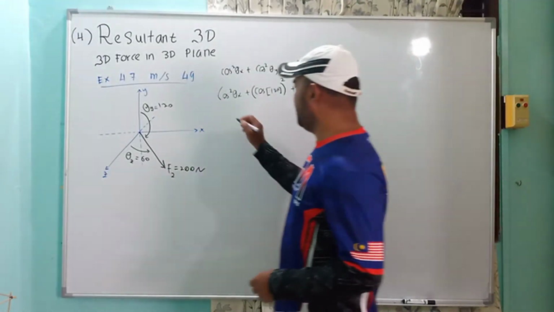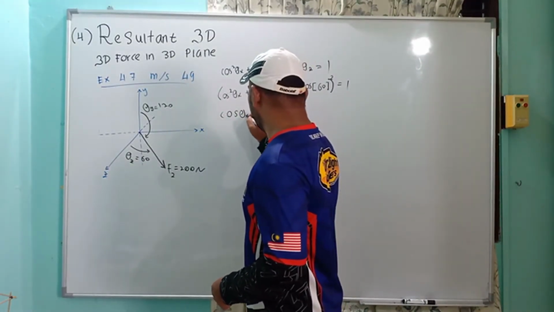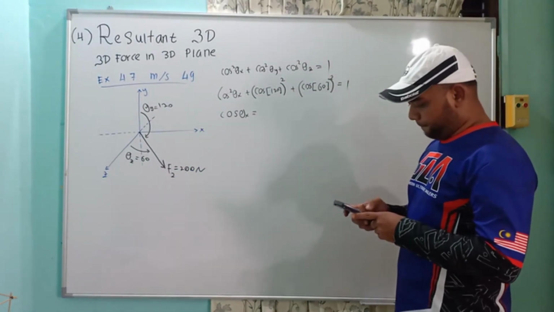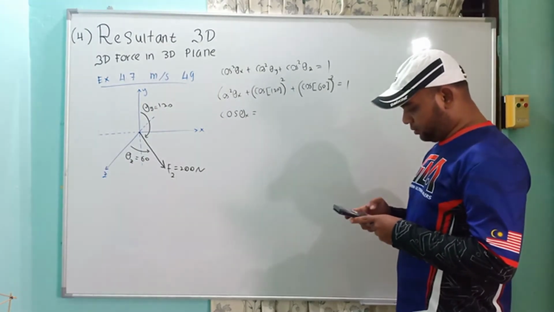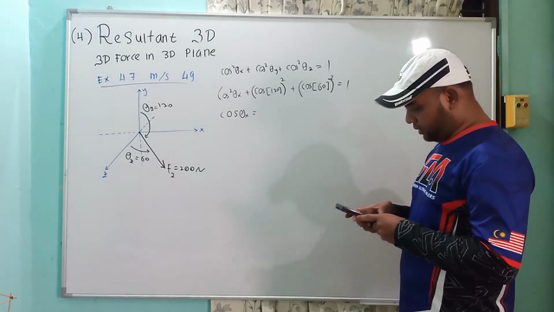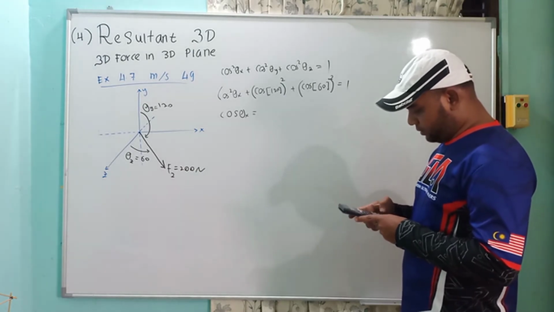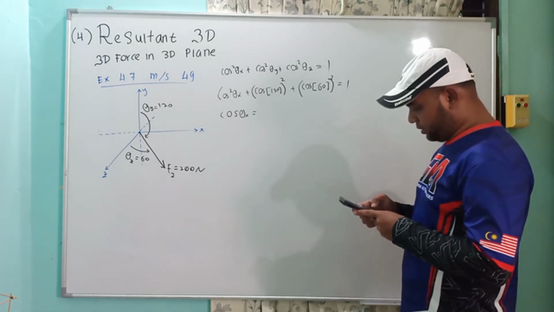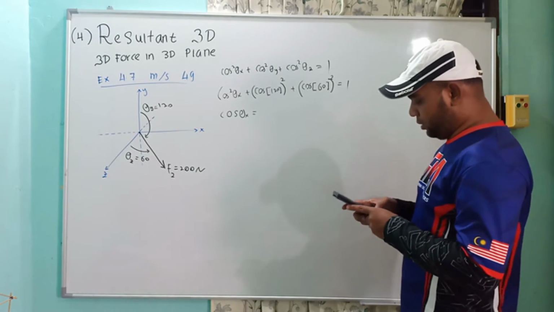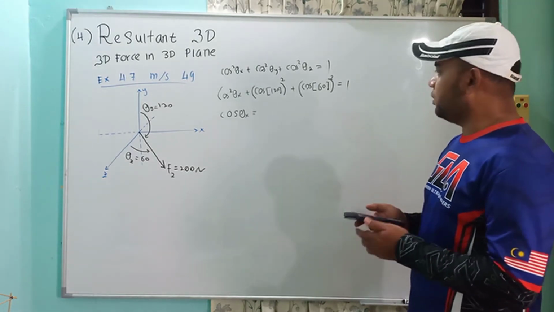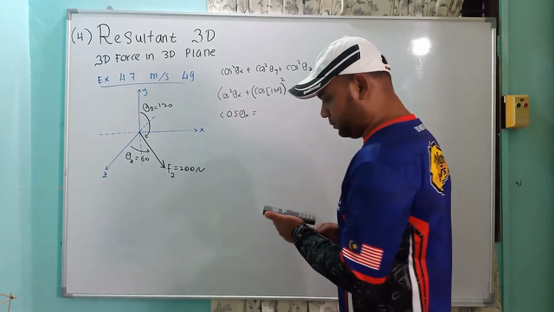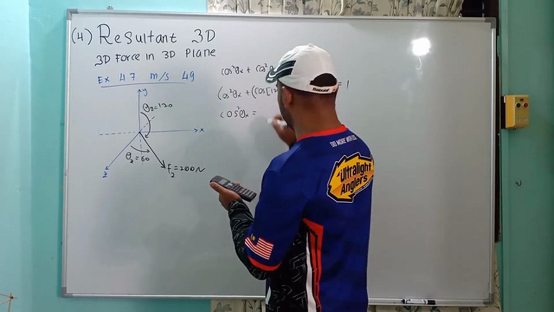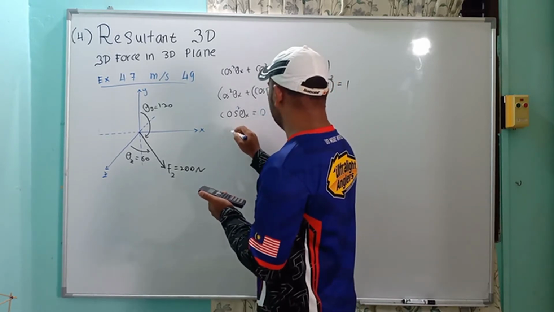So from here you can calculate: cos squared 120 plus cos squared 60 equals 1 minus the answer, so cos squared theta x equals 0.5.